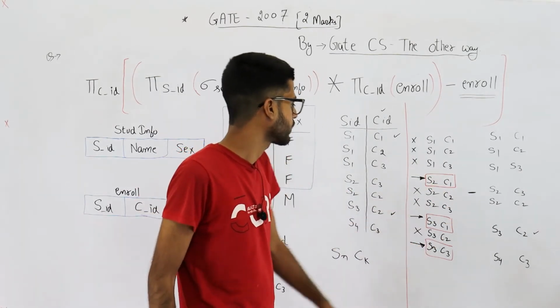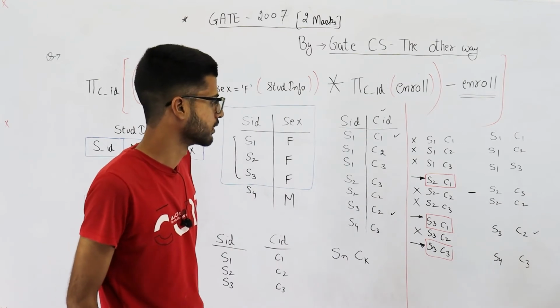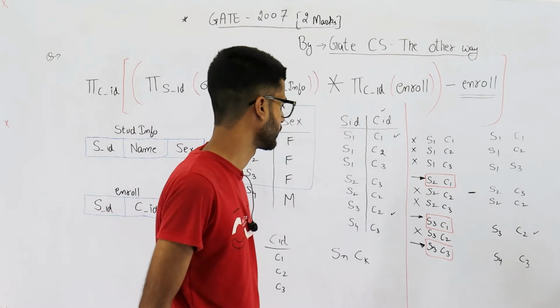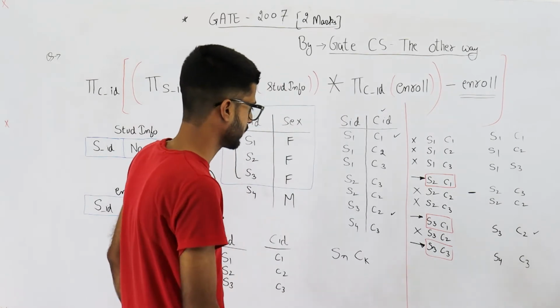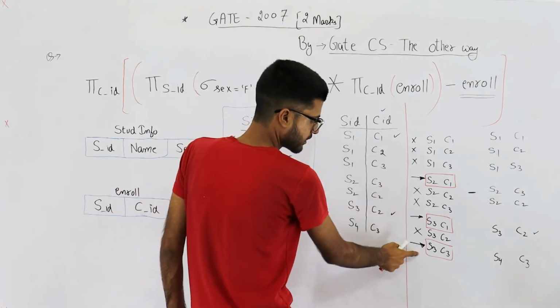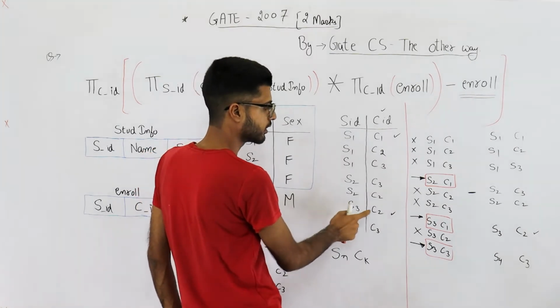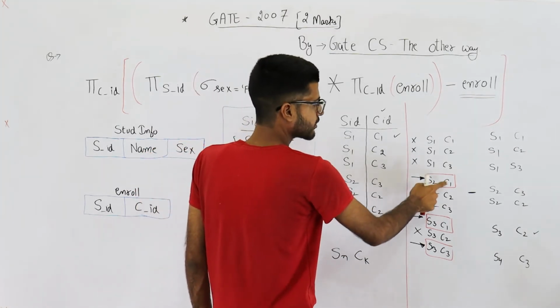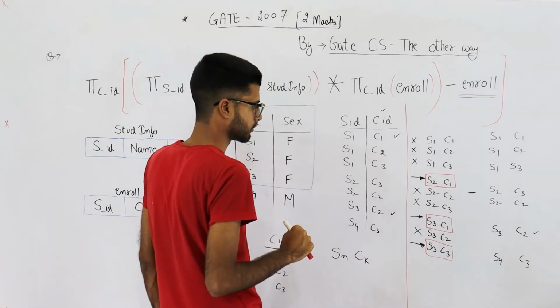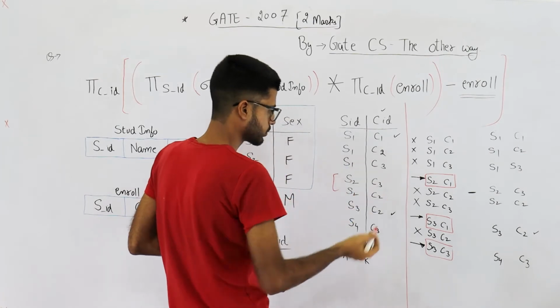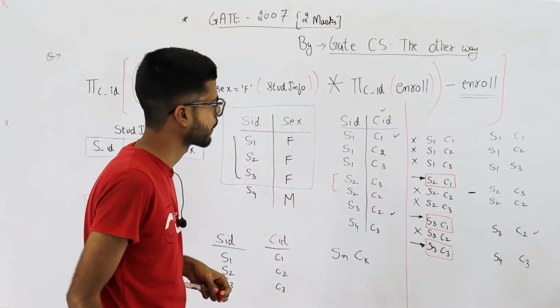Student S3 has not enrolled for course C1, as well as student S3 has not enrolled for course C3. You can verify it from here. S3 has not enrolled for C1 and C3. Yeah, that's true because S3 has only enrolled for C2. And S2 has not enrolled for C1. S2, yeah, that's true. S2 has not enrolled for C1.